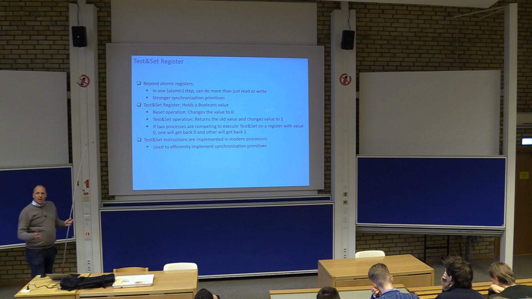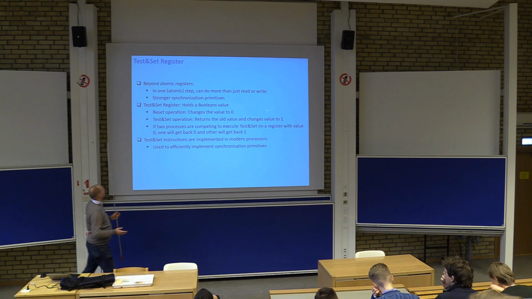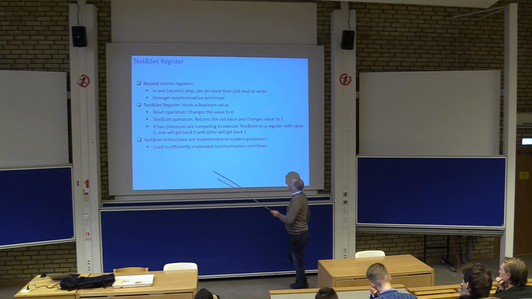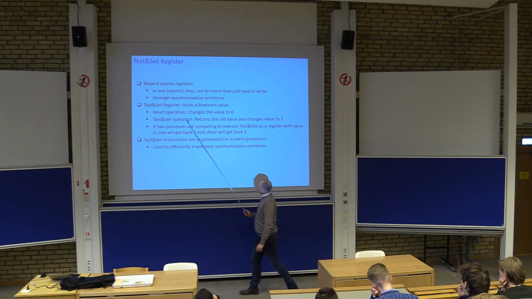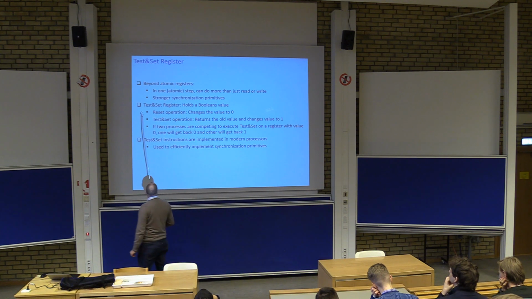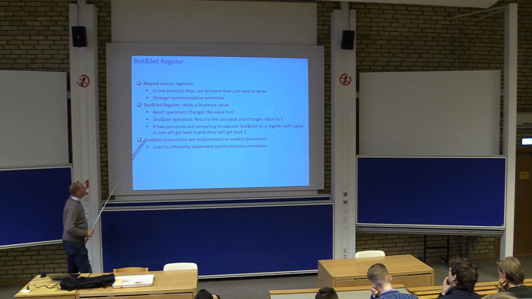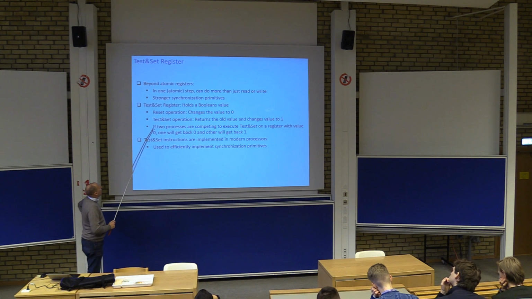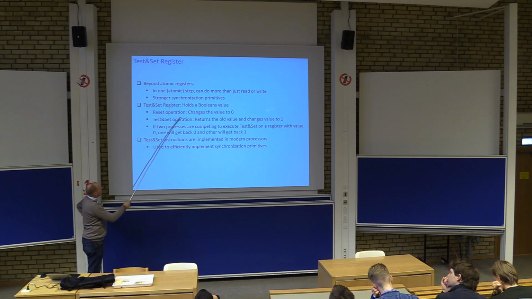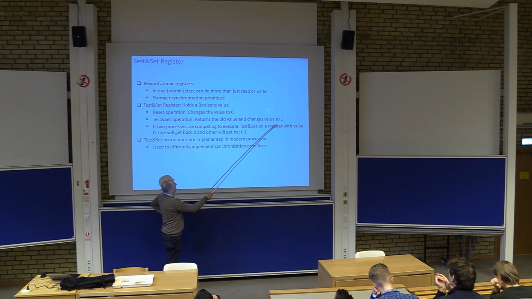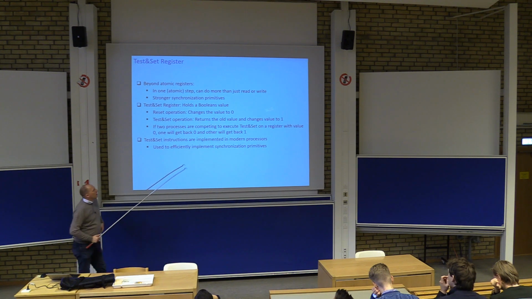So, inside a processor today, you have a special instruction and a special register called the test and set register. The test and set register holds a Boolean variable. It has a reset operation, which changes the value to 0, and the test and set operation, which returns the old value and changes the value to 1.